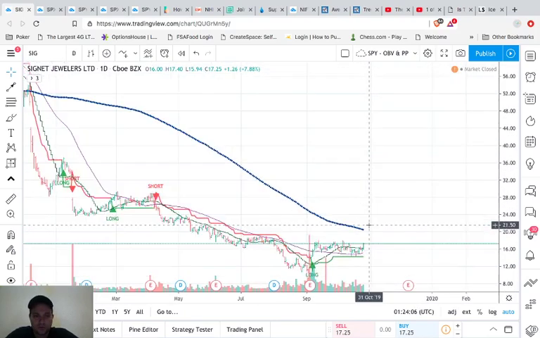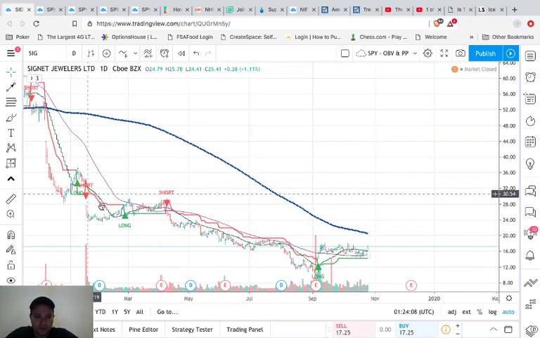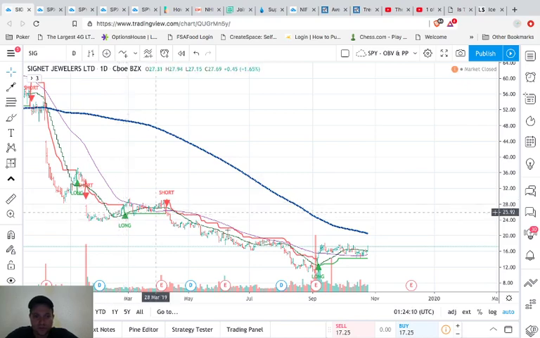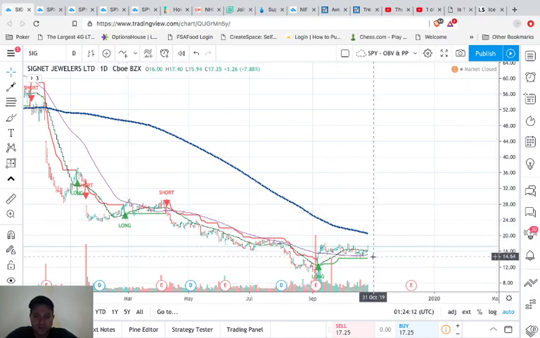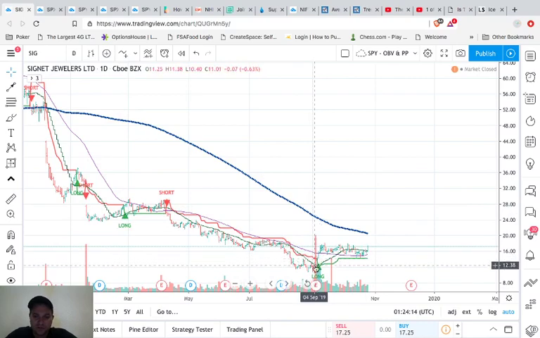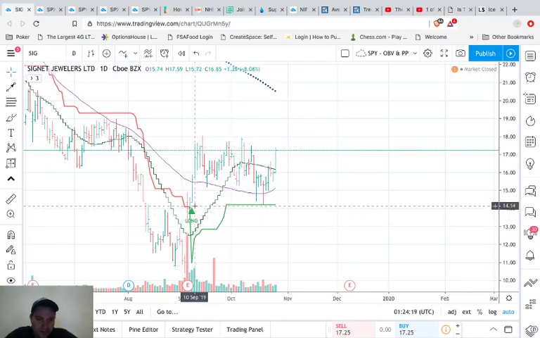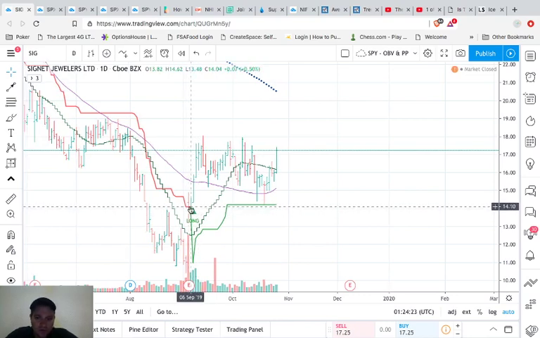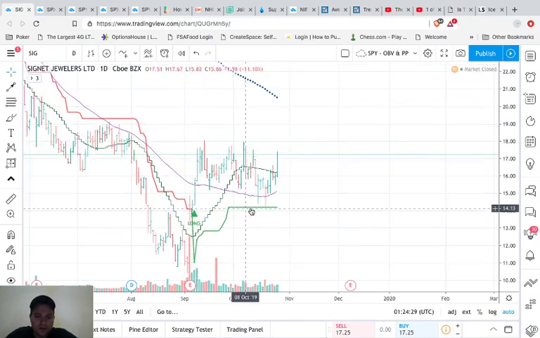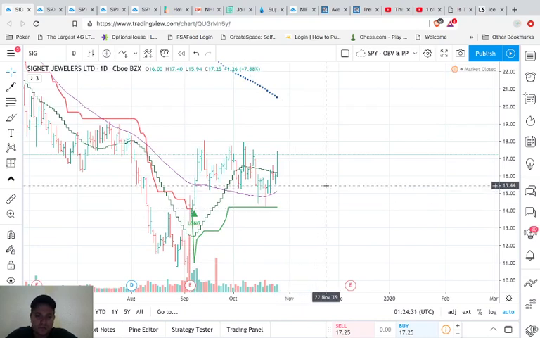You can see it's tried this before, but it's definitely forming a base here. As far as I go, I wouldn't be afraid to buy it at 14, 14.20 in there, but I'd have a tight stop.